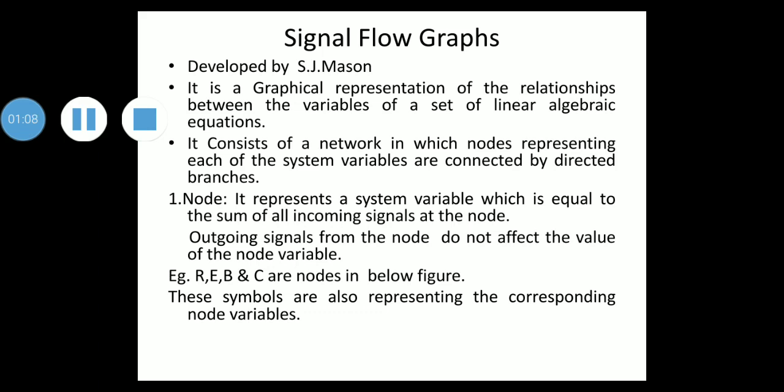A signal flow graph is a graphical representation of the relationships between the variables of a set of linear algebraic equations. It consists of a network in which nodes representing each of the system variables are connected by directed branches.